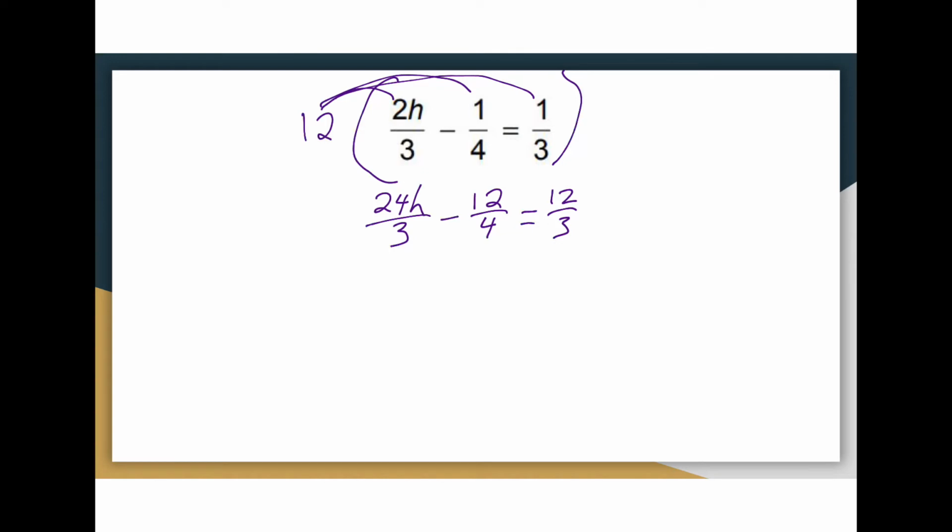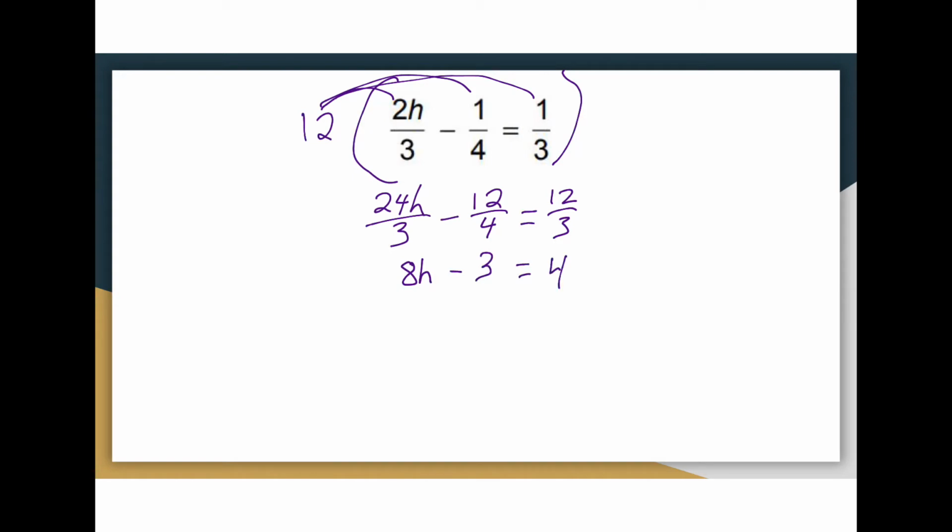When I do 24 divided by 3, you type that in your calculator, you just get 8. So this becomes 8h minus, if I do 12 divided by 4 in my calculator, we get 3. And when I do 12 divided by 3, we get 4.